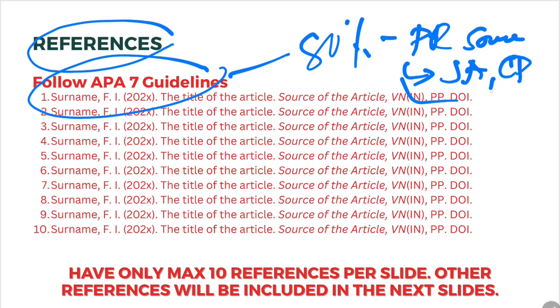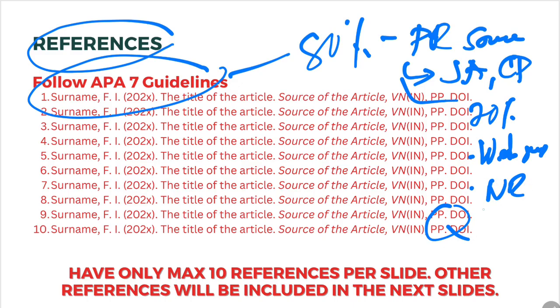But 20% should be the limit for, say, web pages, websites, news reports. Quality written outputs should come from quality readings. I am hoping that you guys have quality readings for your manuscript and your research.